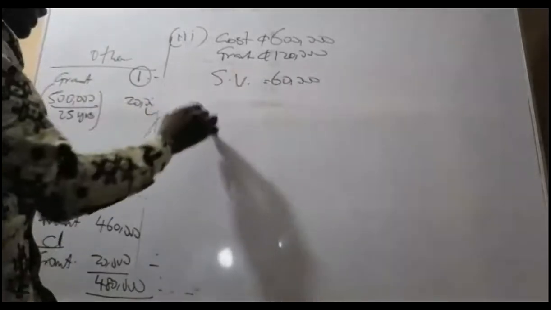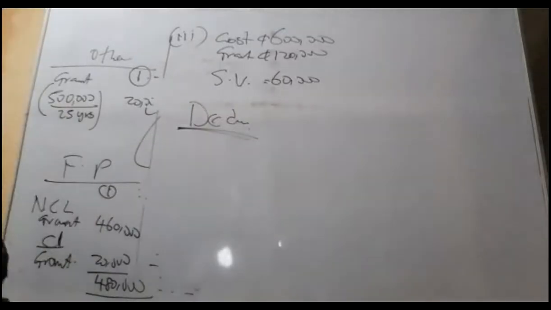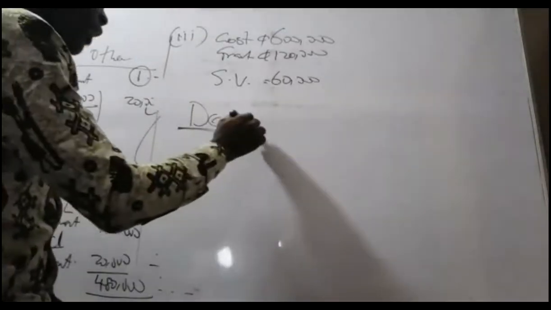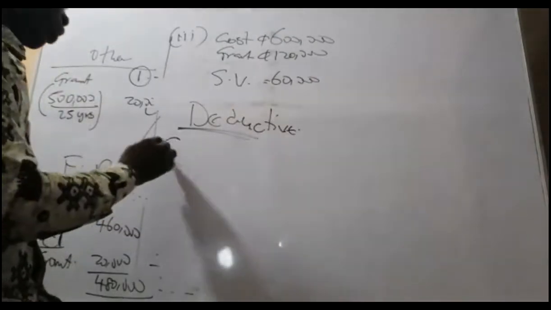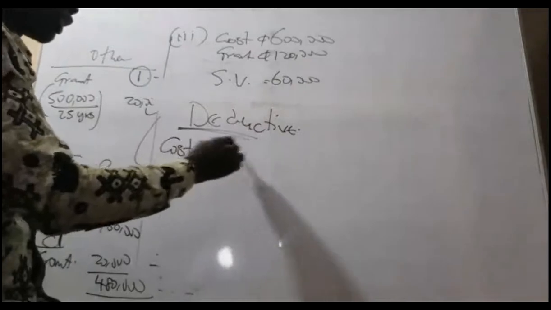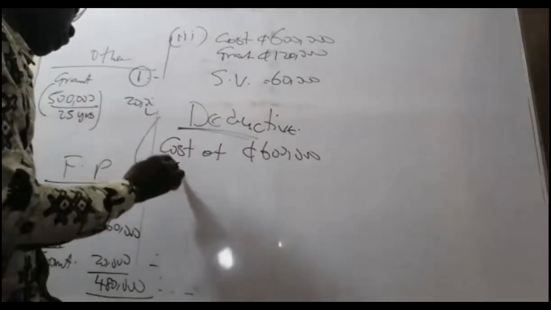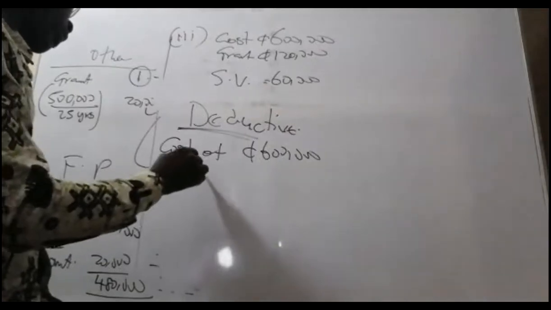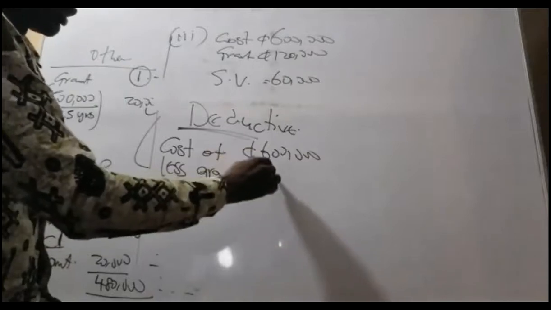So here, if I use the deductive approach, that's the simplest one. First, all we have to do is take the original cost of the asset, which is 600,000, less the grant received, the grant of 120,000.